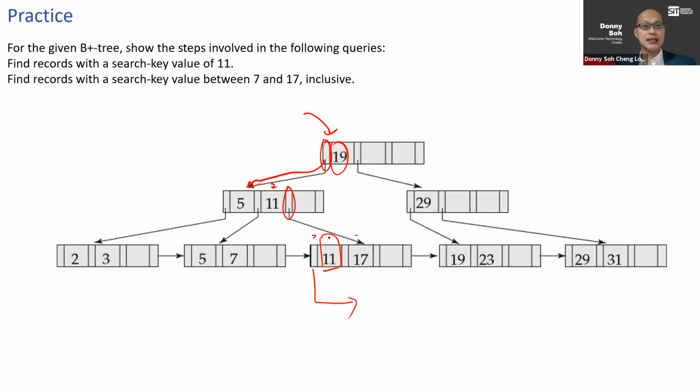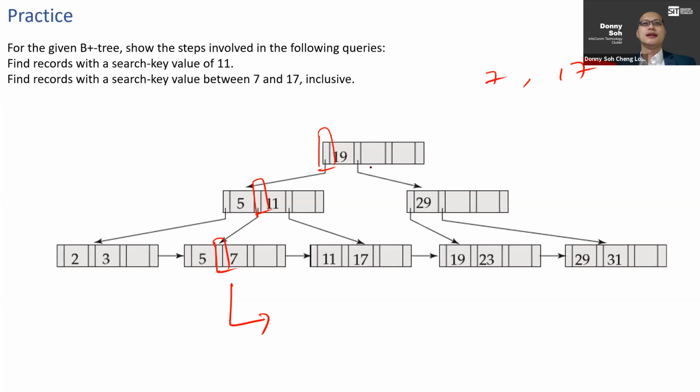For 7 and 17, it is quite similar: it goes to this pointer, this pointer, and 17 over here. So it will return values from here all the way to here.